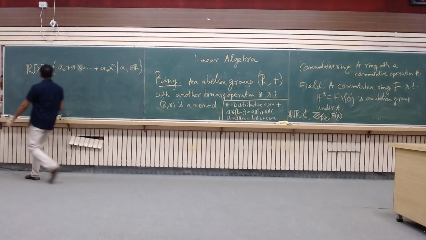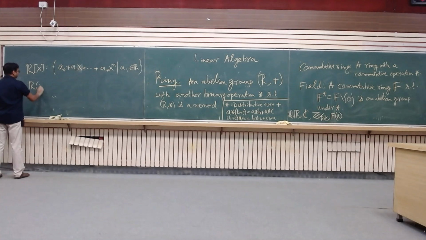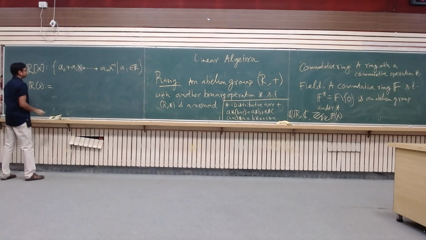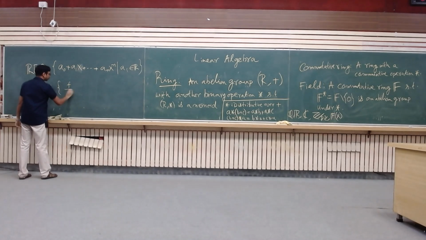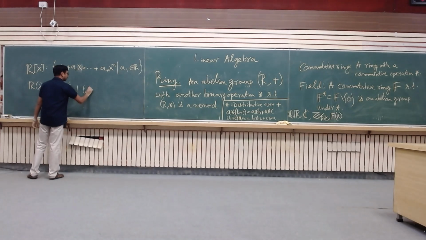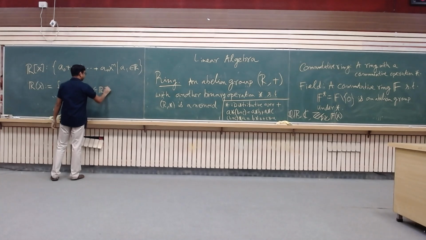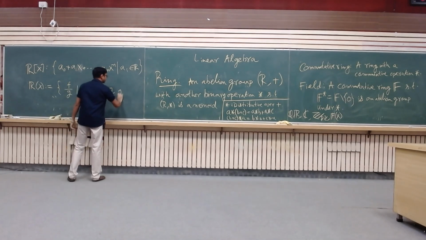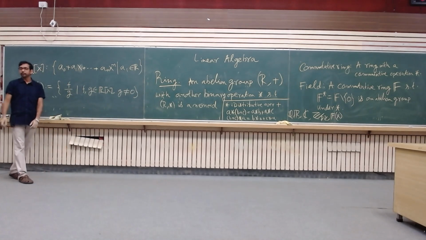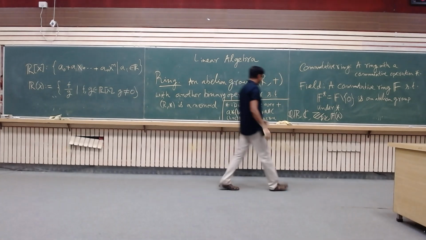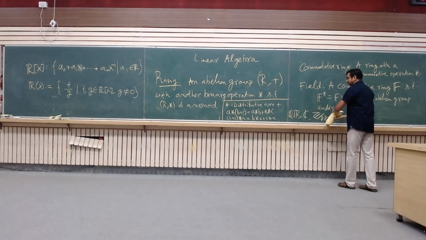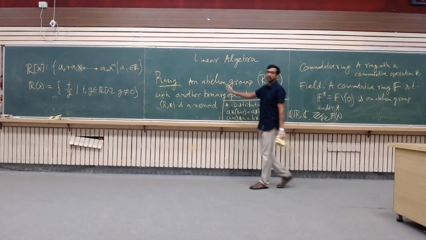And by R(x) we mean the set of f by g such that f and g both are in R[x], g not equal to 0. Okay, so these are examples of fields, and let's end this class with just the definition of this.